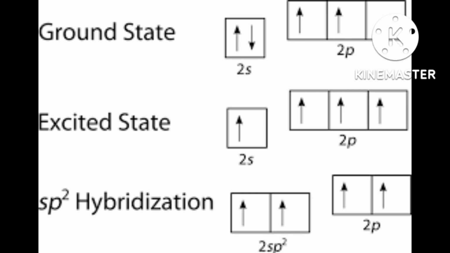Therefore, in BCl3 the geometry is trigonal planar, with boron in the middle, and the Cl-B-Cl bond angle is 120 degrees.